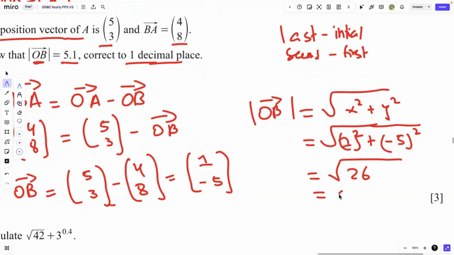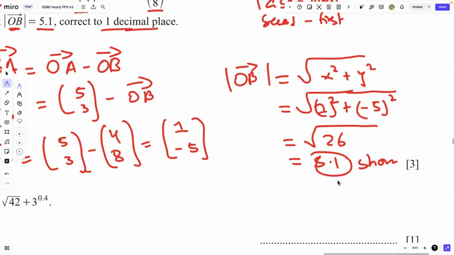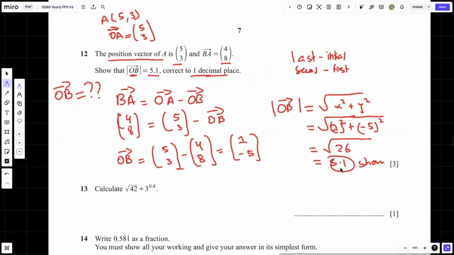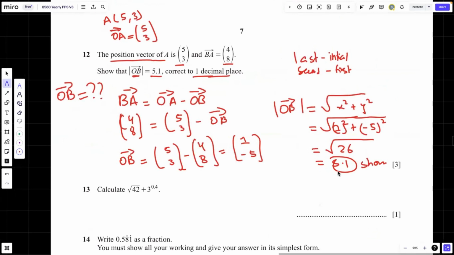In decimals, it's going to be 5.1, which is what we were supposed to show. So it has been shown that it is 5.1 correct to one decimal place. Correct to one decimal place in this sense because when you calculate the square root of 26, you're actually getting 5.099 on my calculator. And when you round it off to one decimal place, you're getting 5.1, which is what we were supposed to show.